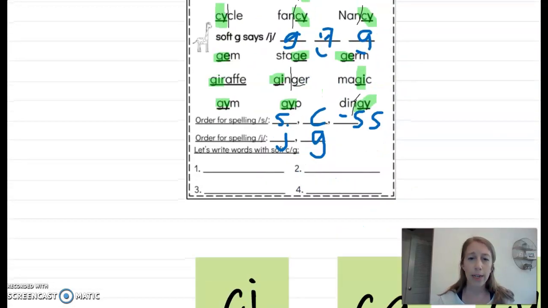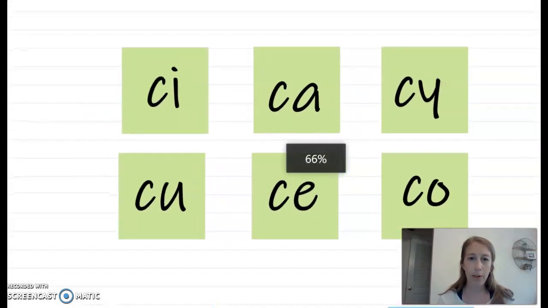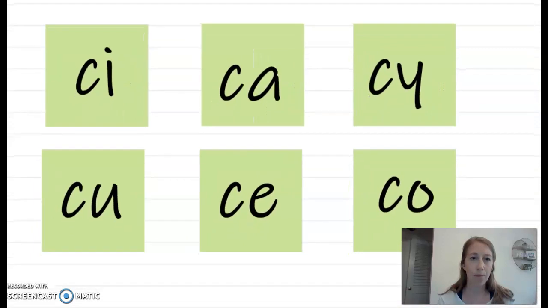But what I want to do is actually go down, and I've got a bunch of little note cards right here with some spellings on them. So you can see we have CI, CA, CY, CU, CE, and CO. So I want you to practice saying the sounds that these cards would make.